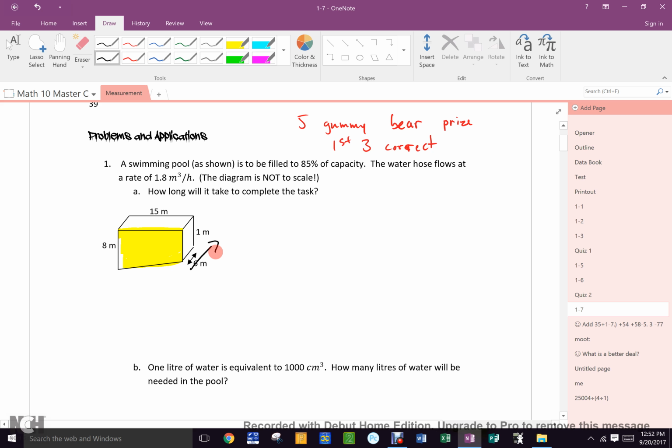What are we looking for? The volume or the surface area of this swimming pool? Are we filling it up or are we painting it? Filling it up. So are we doing volume or surface area? Volume.